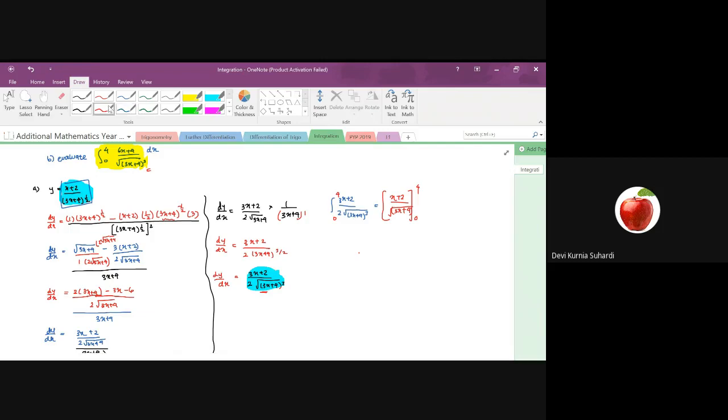I just need to times 4, because if I multiply by 4 on the left, I multiply by 4 on the right, because this is a constant, I can factor it in. 4 times (3x plus 2) over 2 square root of the cube of (3x plus 4).